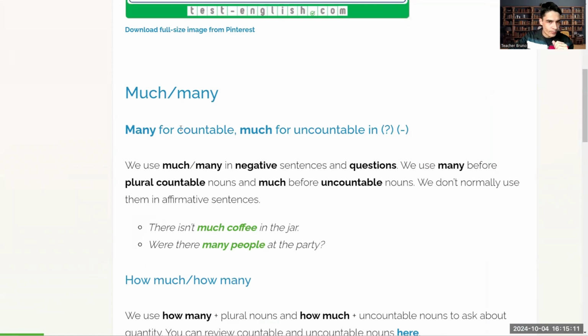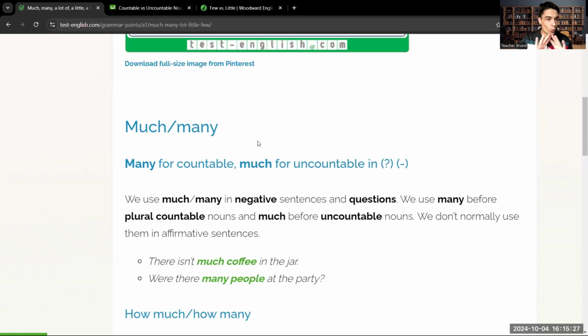Many is used for countable, things we can count. 1, 2, 3. One book, two books, one friend, two friends. Objects, things we can count. And much is used for things we can't count.